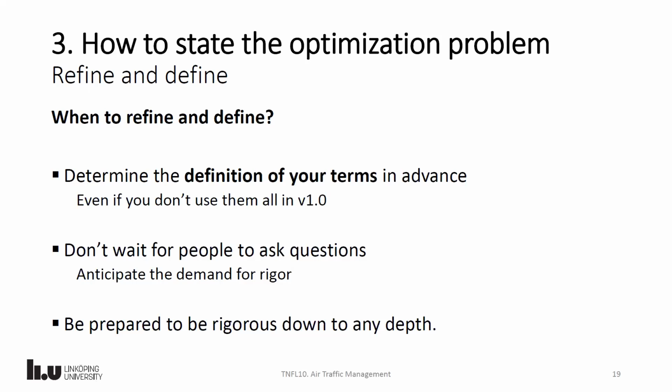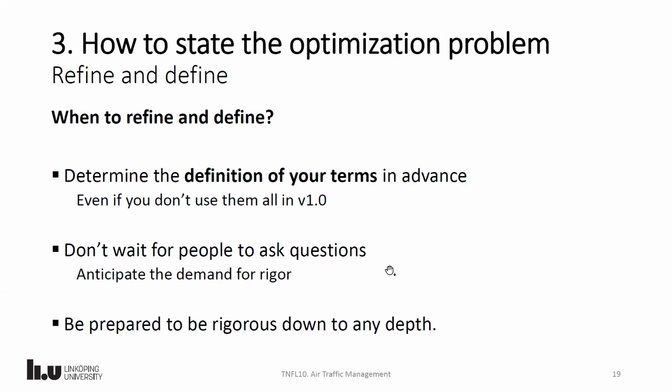So all of this you have to know because you're stating your problem. Even if you don't define them in your statement, you should know in case somebody asks, or in case you see that your approach is not rigorous enough, so you can add them later. So don't wait for people to ask questions, anticipate the demand for rigor.